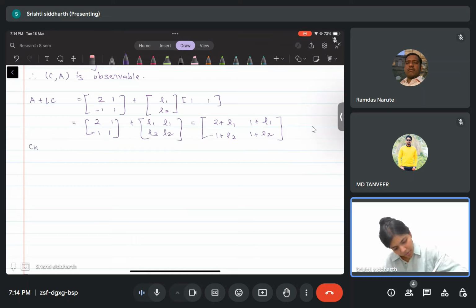Again, let's quickly compute the characteristic equation. This is 2 plus L1 minus S, 1 plus L2 minus S, and the off-diagonal entries remain as they are.